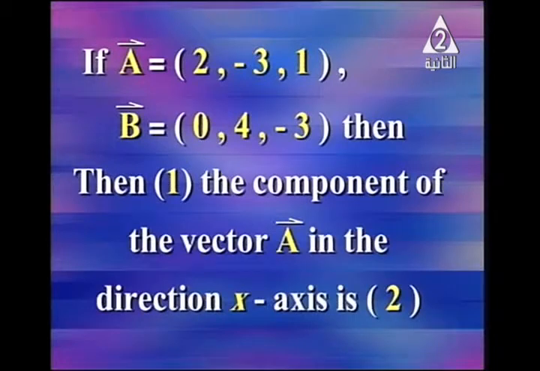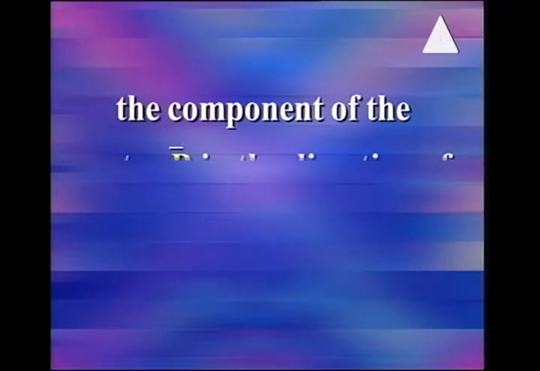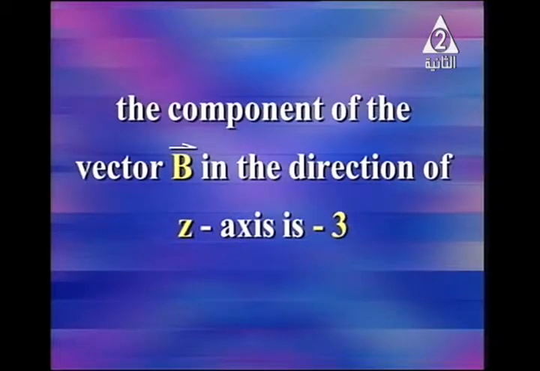Dear student, if we have vector A (2, -3, 1) and vector B (0, 4, -3), then the component of vector A in the direction of the x-axis is 2. Also, the component of vector B in the direction of the z-axis is -3.